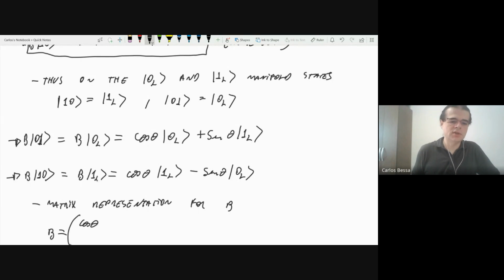And the 1, 1 term will have cosine of theta as well. Okay. And the 0, 1 term: apply the bra of 0 on the left, so only this term will survive. Minus sine of theta. And this term is 1, 0, so with the bra on the left, only this will survive. Sine of theta. This is equation 735. Okay?